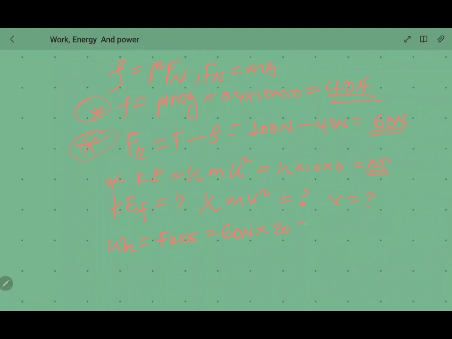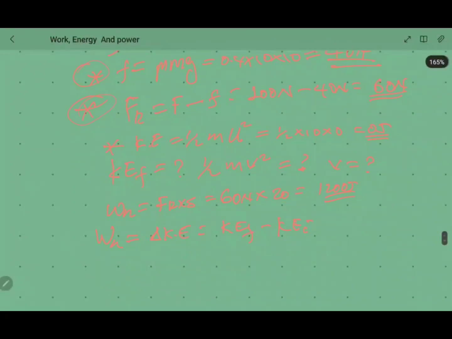So this is 1200 joule, the work done by the net force. But what do we know? The work done by the net force means the total work done, which is equal to the change in kinetic energy, that is the kinetic energy final minus the kinetic energy initial. The final kinetic energy is required.